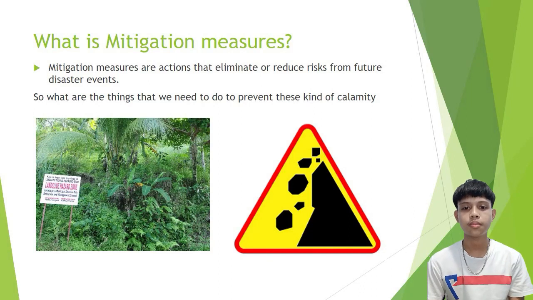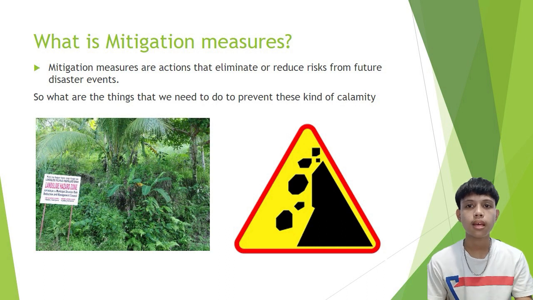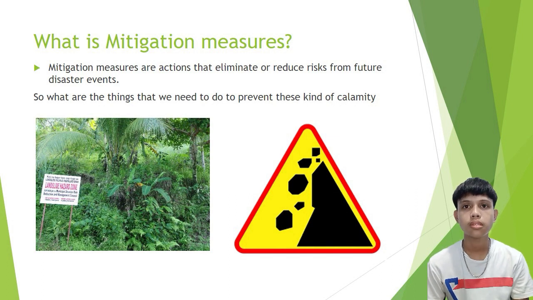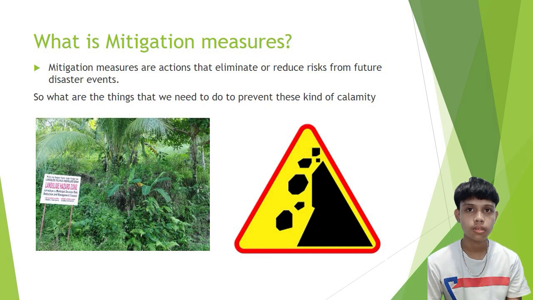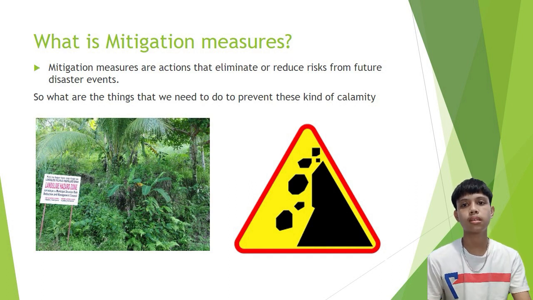What are mitigation measures? Mitigation measures are actions that eliminate or reduce risk from future disaster events. So what are the things that we need to do to prevent this kind of calamity? We need to prevent undercutting the base of the slope, adding weight to the upper part of the slope, removing vegetation, and saturating the ground with water because these increase the risk of mass wasting.